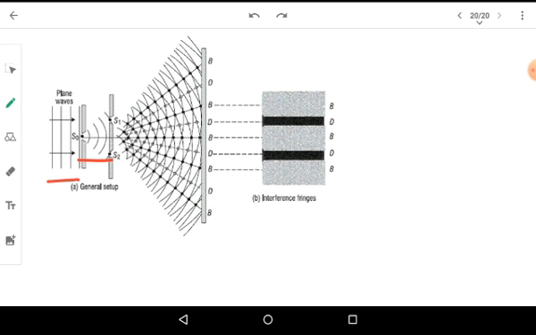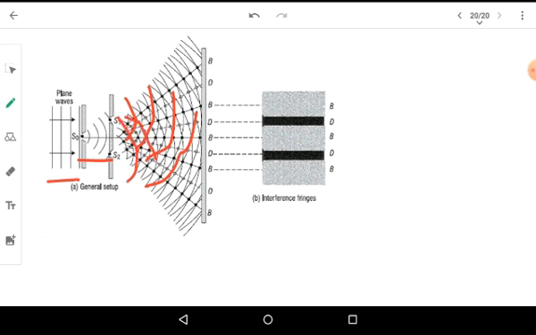So what will happen when from this slit one wave is diffracting like this, and from the other slit another wave is diffracting like this? They are both interfering.